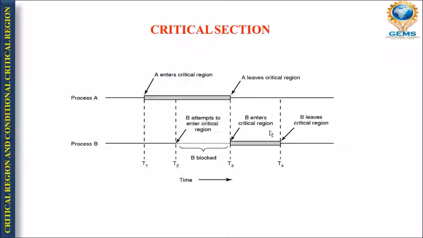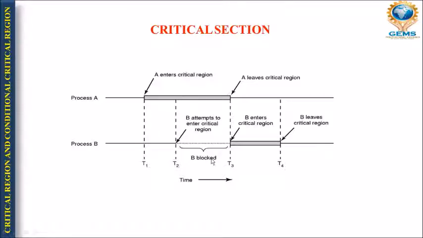Critical section can be understood with this diagram very clearly. Here, this is process A, this is process B. This is the time axis with respect to which these two processes are using the critical section at different times. Suppose at point T1, process A enters into the critical section and at that time B will be blocked.